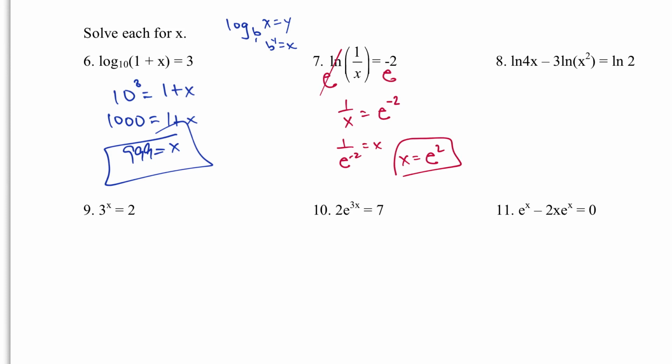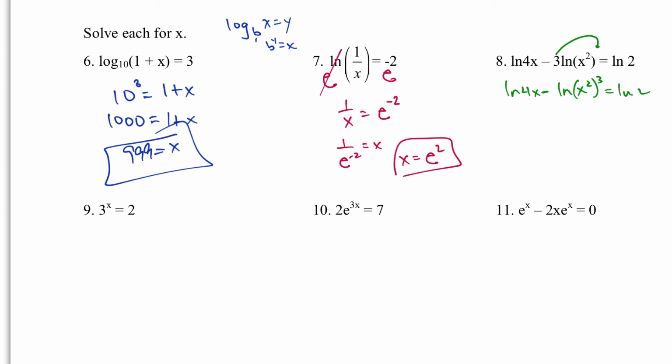Okay, next problem. Let's see what we got over here. We've got ln 4x minus 3 ln x squared equals ln 2. Again, let's see if we can combine these two. And I'm going to put this up here, so I'll have ln 4x minus ln x squared cubed equals ln 2.